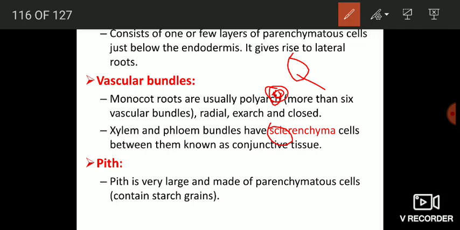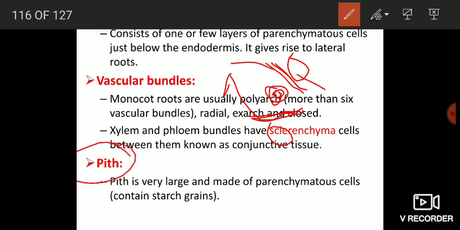The xylem and phloem bundles are separated by conjunctive tissues, जैसे मैंने आपको बोला था डाइकॉट रूट्स में, यहाँ पे भी जाइलम और फ्लोएम के बीच conjunctive tissue होता है. But you have to remember that the conjunctive tissue in case of monocot roots is composed of sclerenchyma cells. Okay, अगर हम देखेंगे जो डाइकॉट रूट्स है, डाइकॉट रूट्स में conjunctive tissue is made up of parenchyma cells, but here it is made up of sclerenchyma cells.